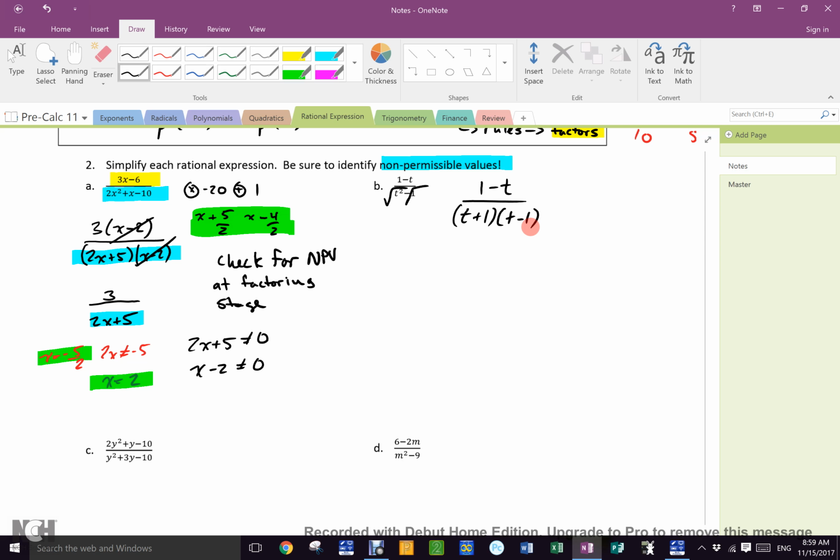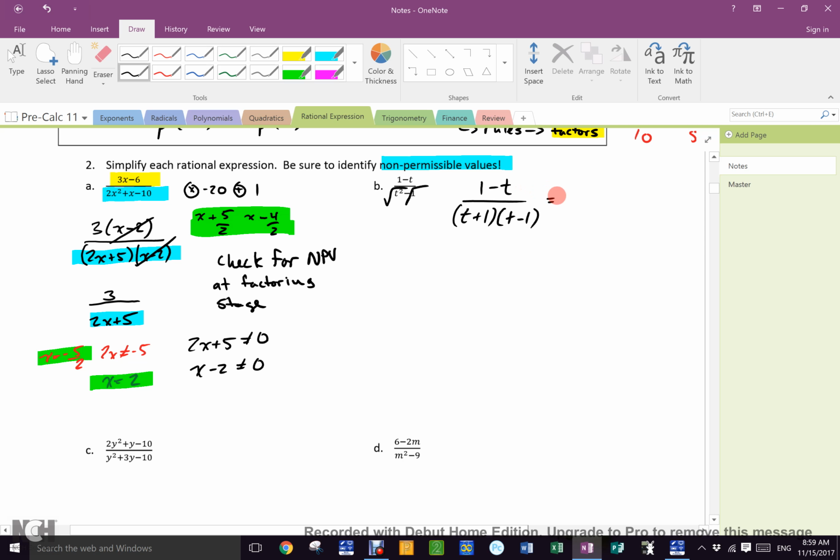Are any of these the same? None of them? Yeah, you can. Because there is a number that is a factor of everything, isn't there? What is it? 1 and negative 1, right? Can I factor negative 1 out of here?